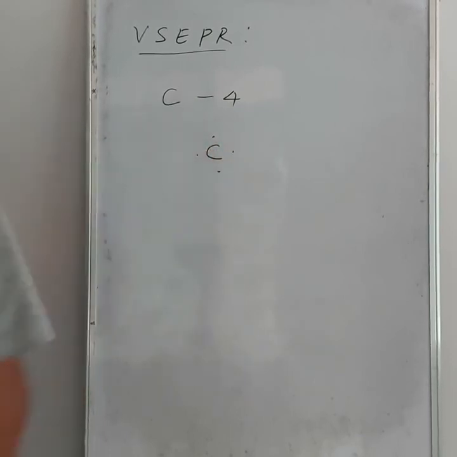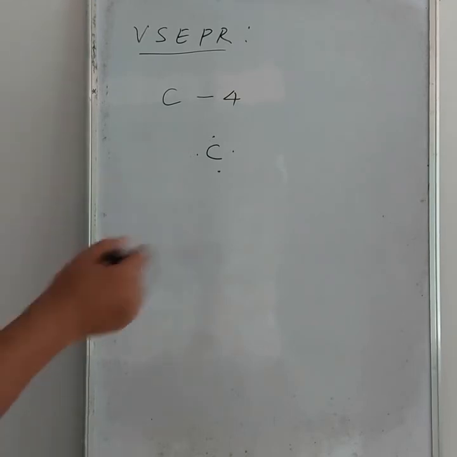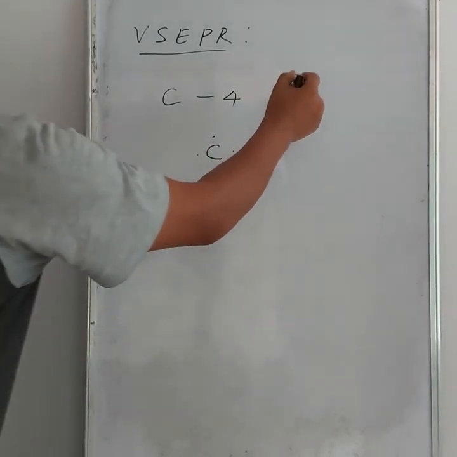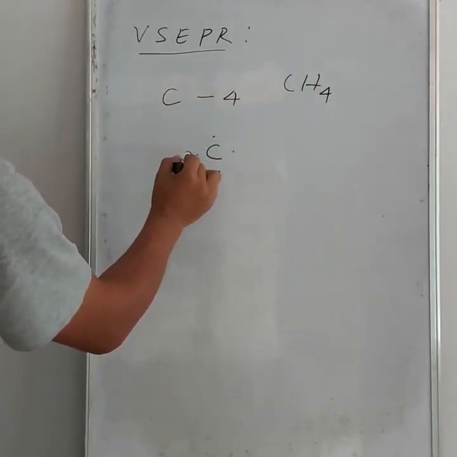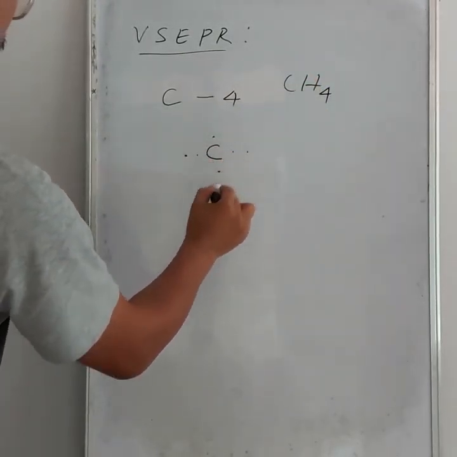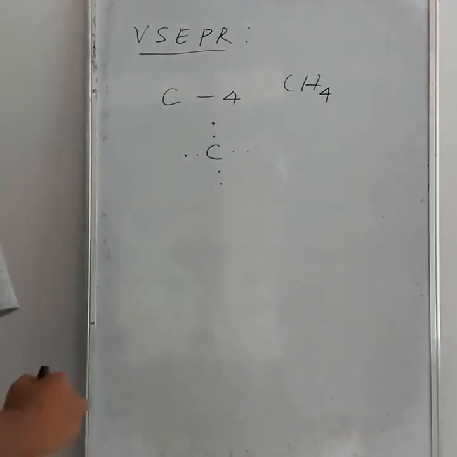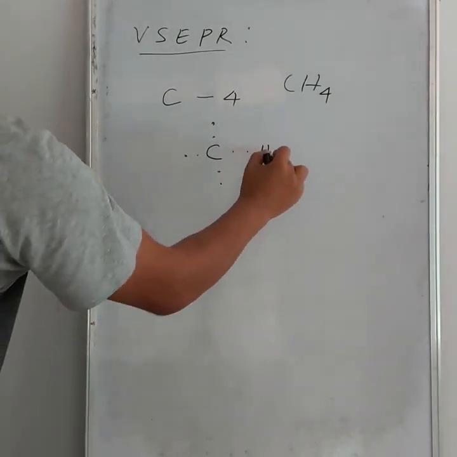They will be equidistant from each other, and when other atoms come and form bonds with it, they will be an equal distance apart in forming the molecule. Suppose, for example, methane, CH4. There will be 4 hydrogens sharing electrons with each of the valence electrons of carbon.